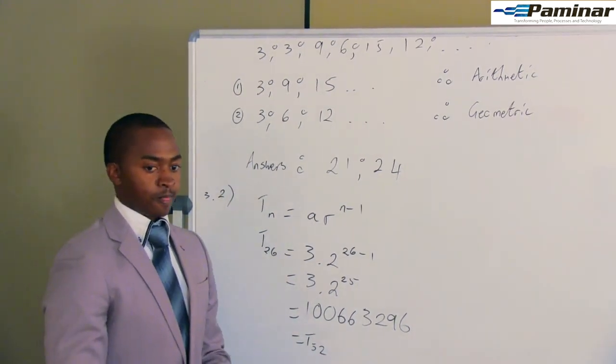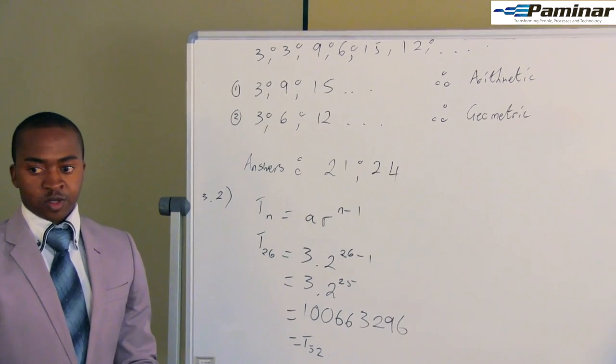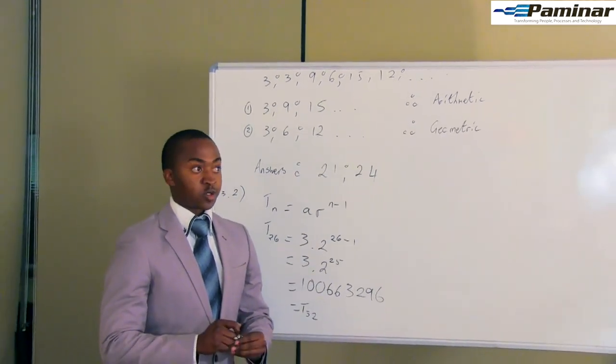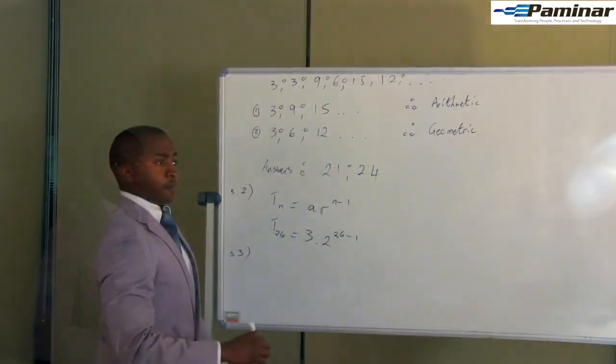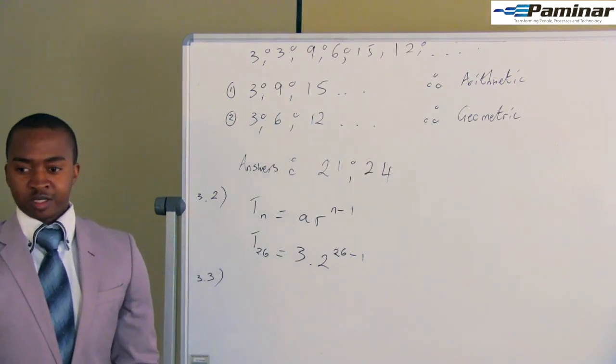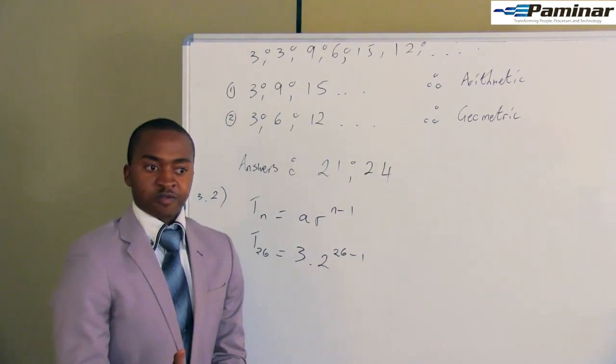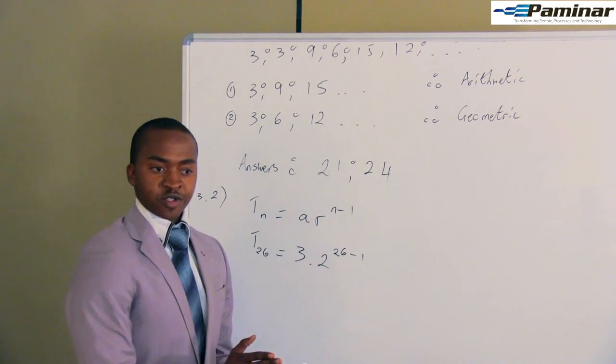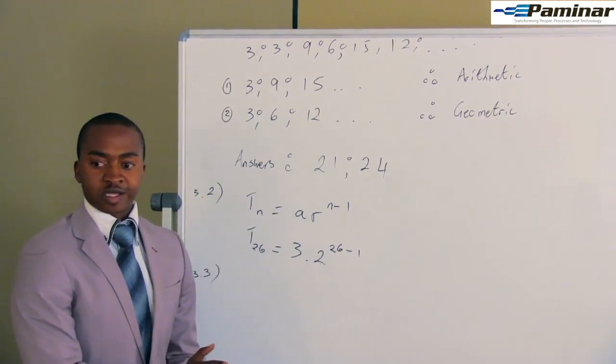Make sense? Okay. More questions? Okay, so that's question 3.2 done. Question 3.3 says, prove that all the terms of this infinite sequence will be divisible by 3. That should be easy enough. If you use your knowledge that anything which is divisible by 3 needs to have a 3 inside.